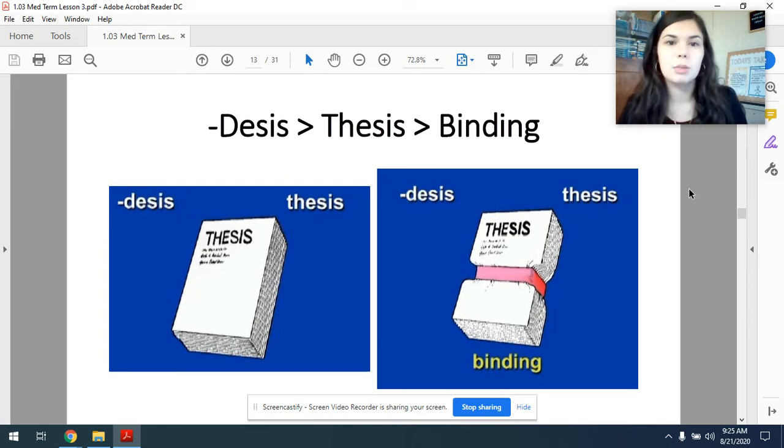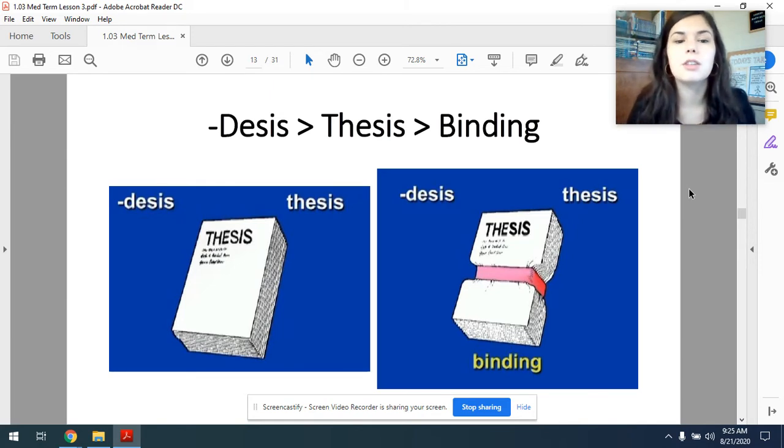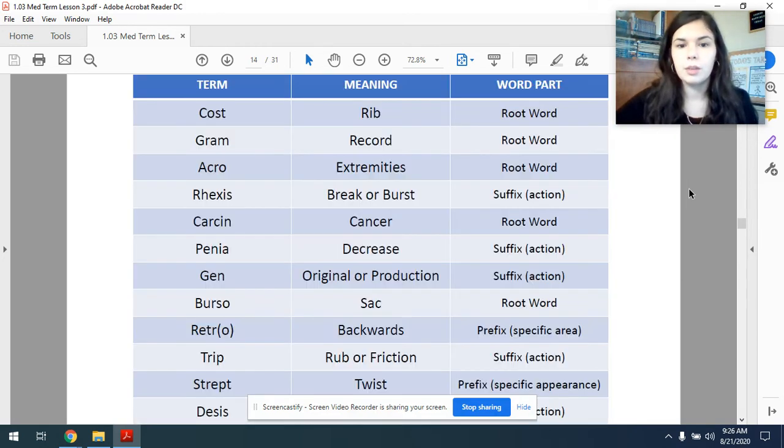Desis sounds very similar to thesis, and a thesis is a really large document or paper that you have to write, typically your senior year of college in some cases, and it needs to be held together by something. So desis makes me think of thesis, and your thesis needs to be bound together or binding. Desis, thesis, binding. Okay, that brings us to the end of part 1.